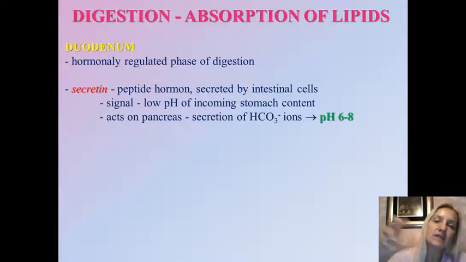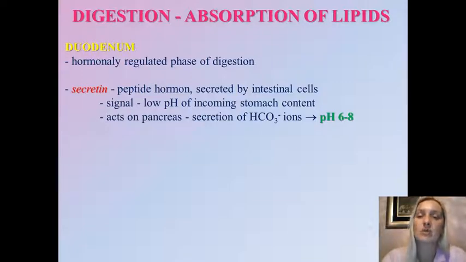So this hormone acts on the pancreas, and slightly on the liver as well, to start secreting large amounts of bicarbonate ions, whose role is to neutralize or buffer those hydrogen ions from hydrochloric acid and gastric content, and to increase the pH of duodenal juice to the range from 6 to 8, which is an optimum pH for the activity of numerous duodenal enzymes. I mean pancreatic enzymes active in the duodenum.